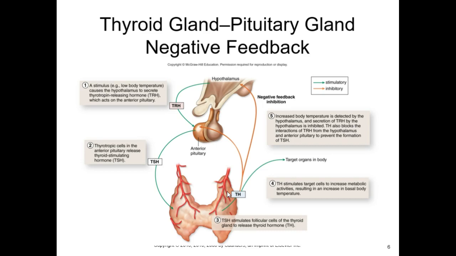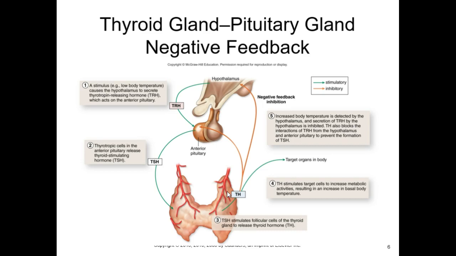What's a trophic hormone or a releasing hormone? It's signaling another gland to release another hormone. That's a trophic hormone. So it's not the end product. It's not thyroid hormone that's going to the cells and doing the things. It's going to another gland and saying, now you release your hormone.